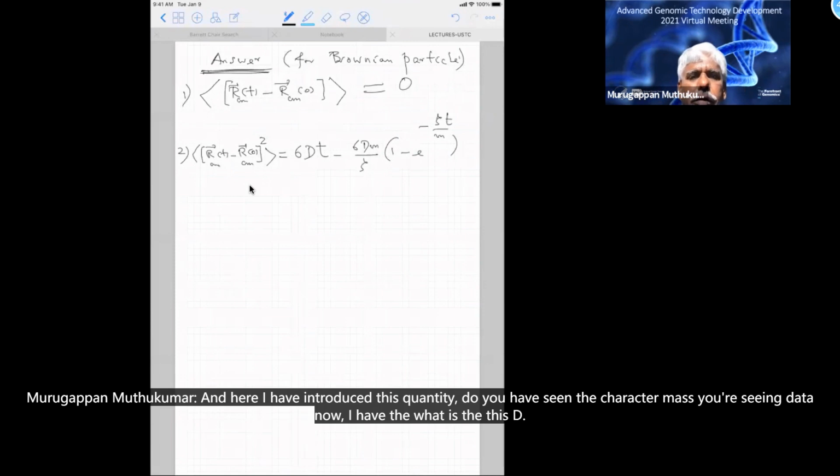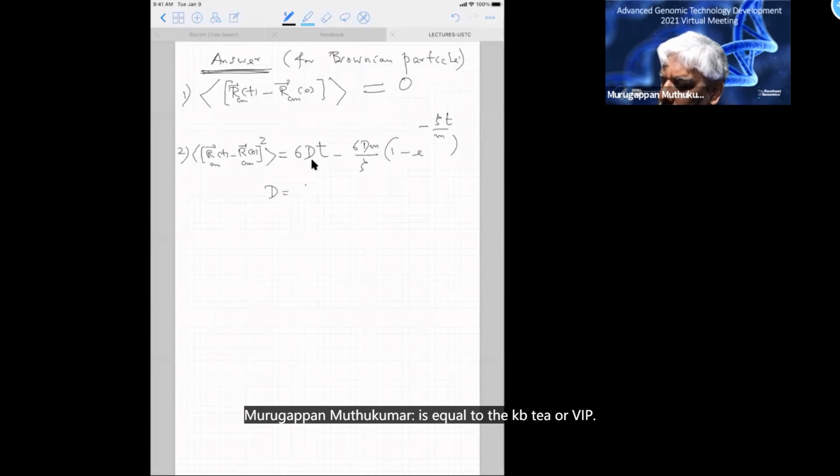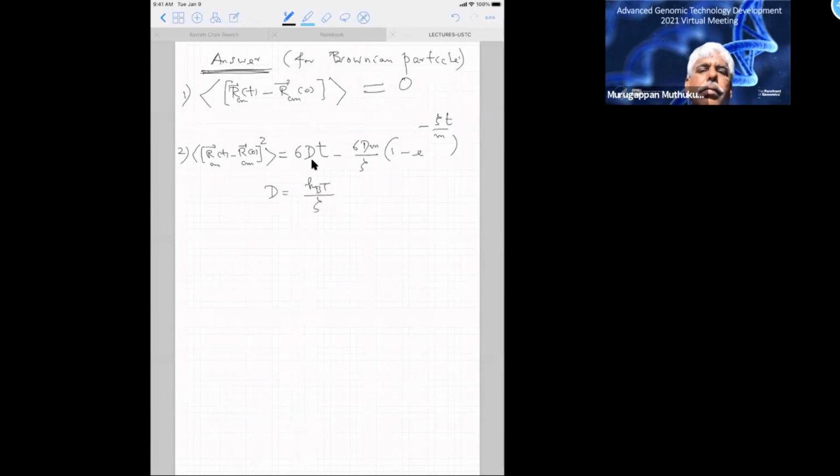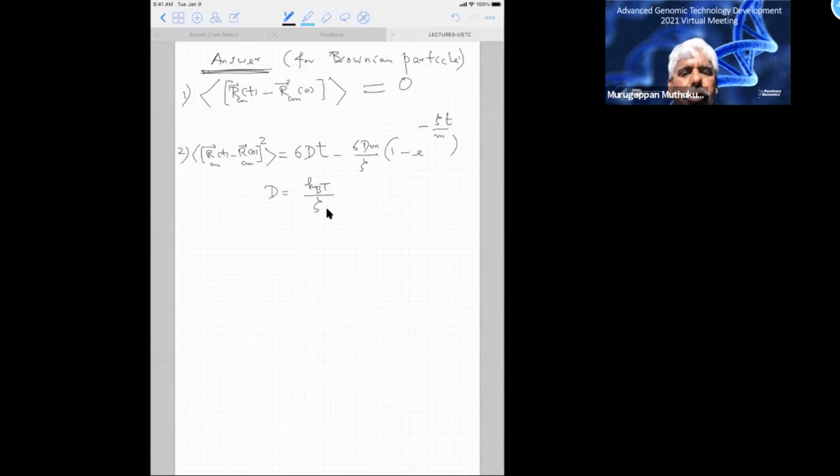And here I have introduced this quantity d. You have seen the character mass, you have seen zeta, now I have d. What is d? This d is equal to kBT over zeta. You have seen temperature before and zeta before.